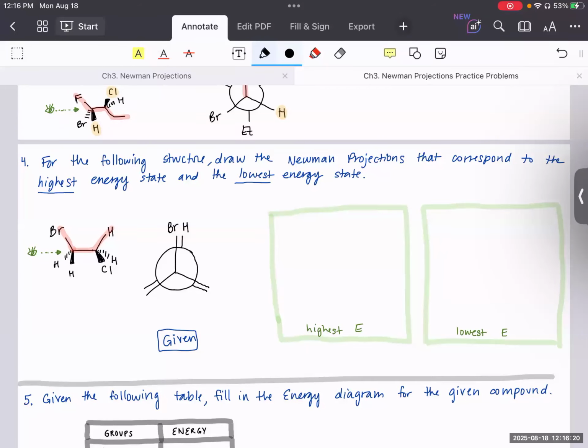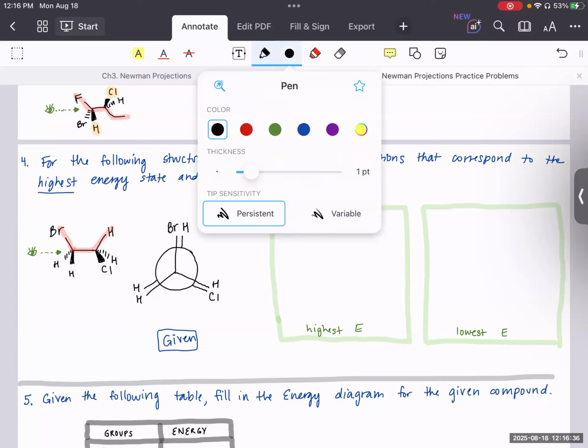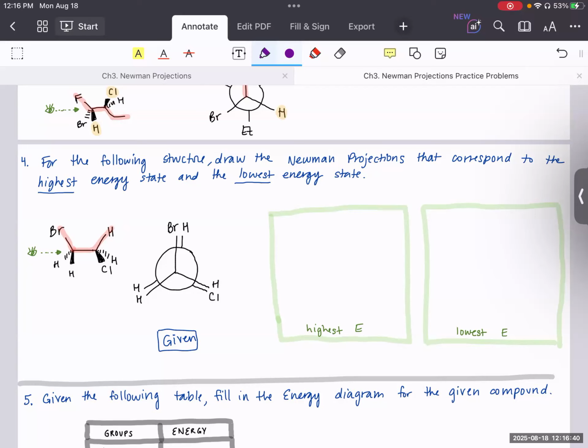Next, we want to fill in the other group, so that front carbon just has two hydrogens. And then finally, for the back carbon, that chlorine is on the right and the dashed group is on the left. And so this is our first structure. And so we can see that we're in an eclipsed state, which means that we are in a high energy conformation already.